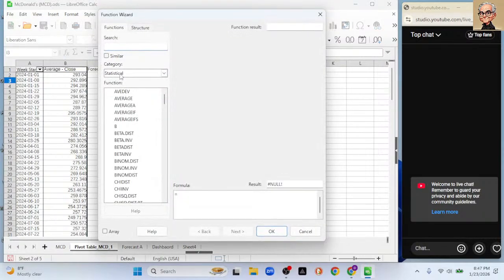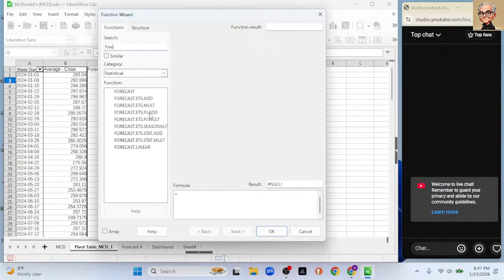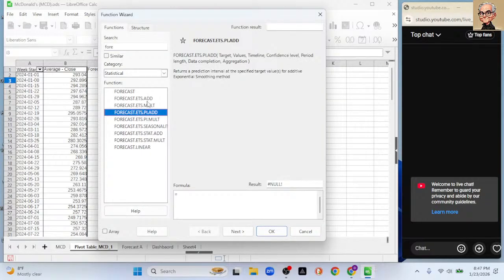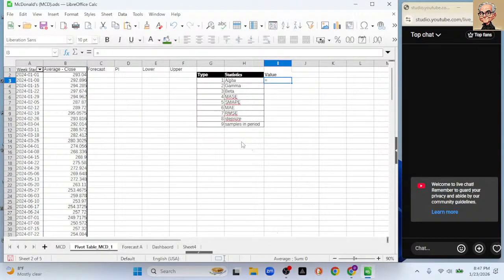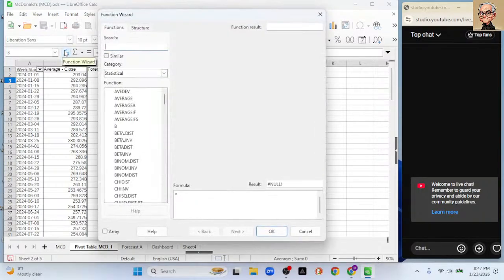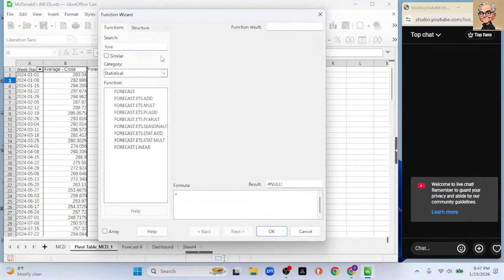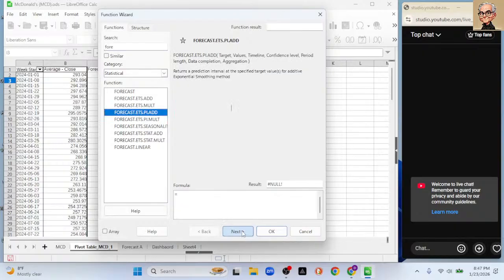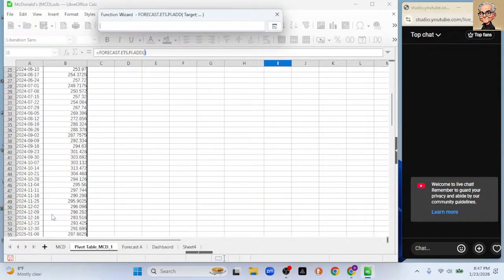Over here then. Again, it's important to note that this is what's called a prediction interval. Prediction interval at a specified target value for additive exponential smoothing methods. Not a confidence interval. So this is a little different, okay? Target is this.